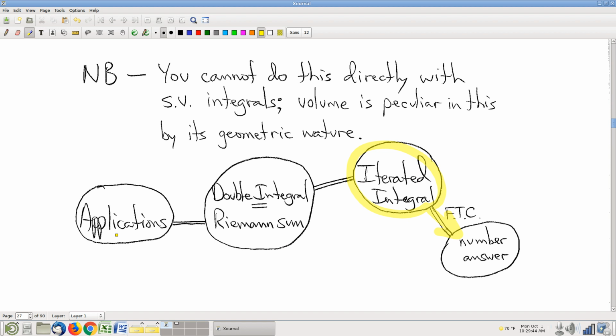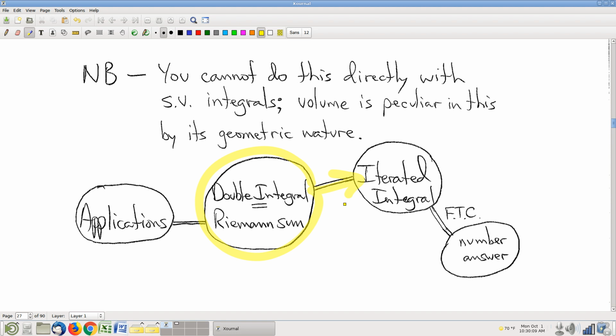Do you remember your single variable calculus rules for how to do integrals? What we're going to be focusing on a lot today is this part. Given a double integral, how do I turn it into an iterated integral? If the domain is not a rectangle, that's non-trivial. So that's sometimes the focus of the problem.